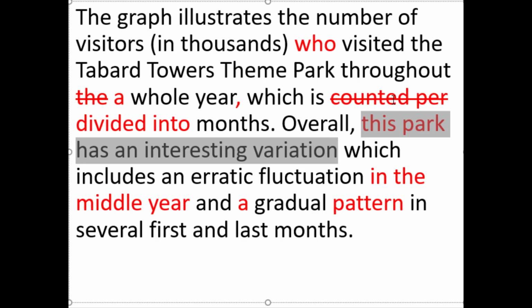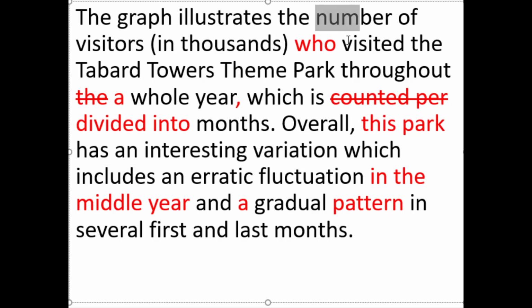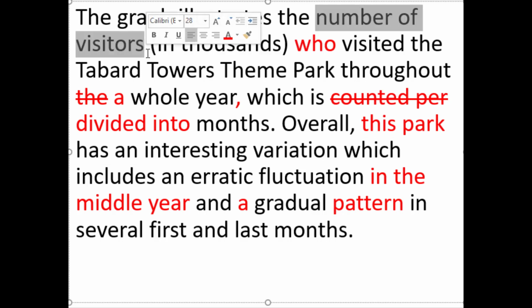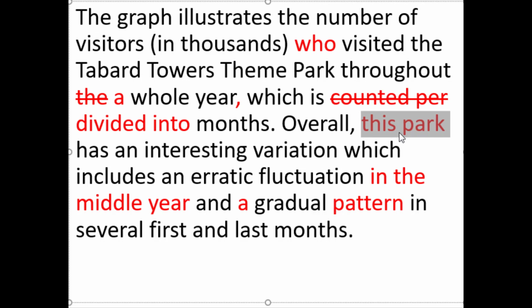It's not the park that changes, it's the number of visitors. That's why it's so important that we accurately identify what the data set is referring to. So this refers to incorrect data. The park didn't vary at all. Well, at least we don't know that. That's not what the chart is saying.